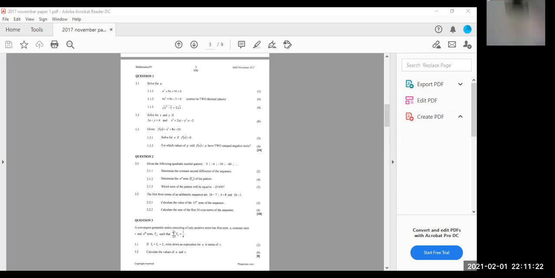Never listen to people who will say that the first one needs factorization. There is nowhere it's written. Look, guys, it says solve for X, and nothing is said about the methodology. That means you have to use the method that you understand best. So guys, let's go for our stuff.